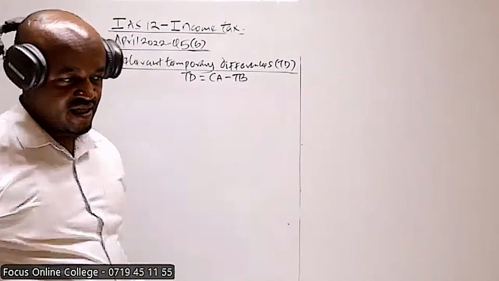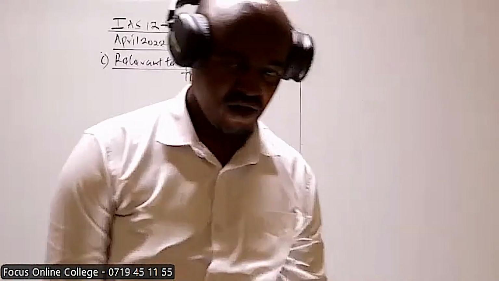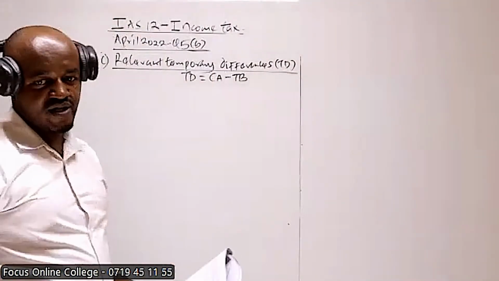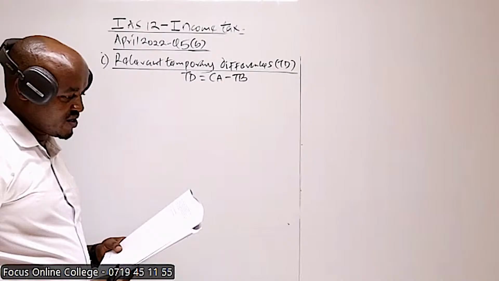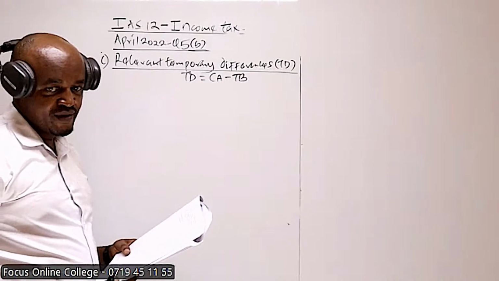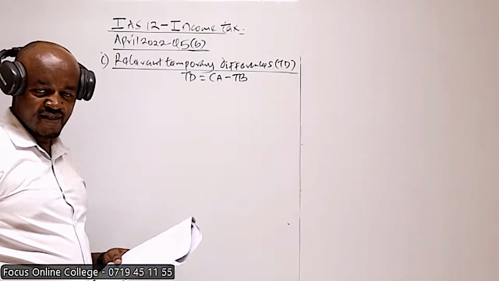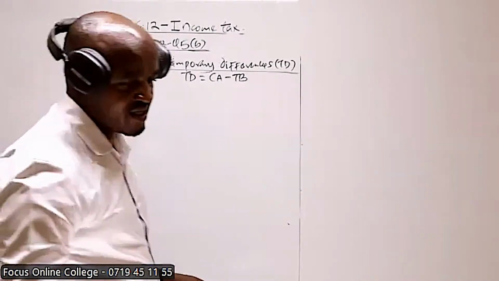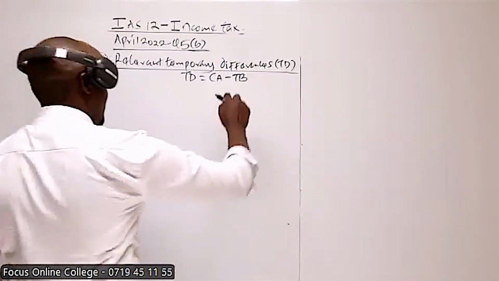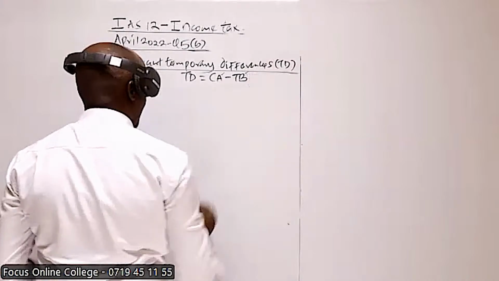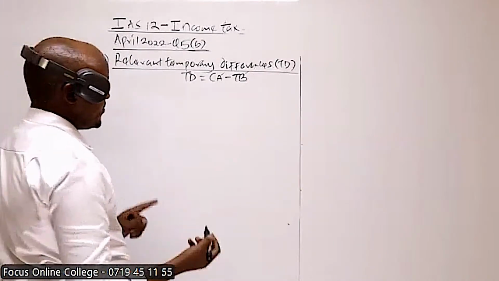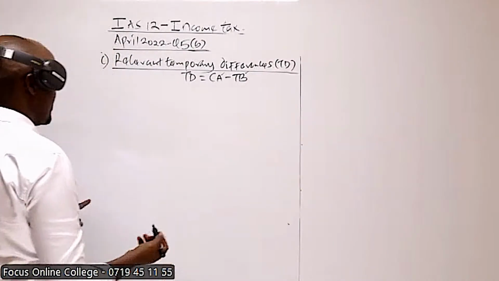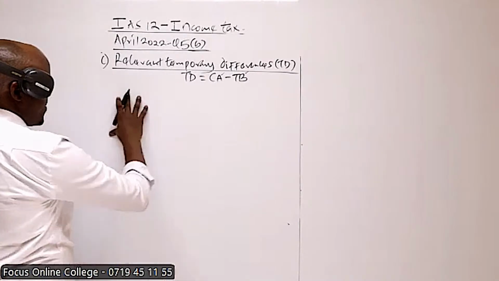So what we need to do is go through the information given in this question, from note number 1 all the way to note number 5. We are given various items of assets and liabilities. We need to identify the carrying amount and the tax base, and then we get the temporary difference. So we have to come up with a table.